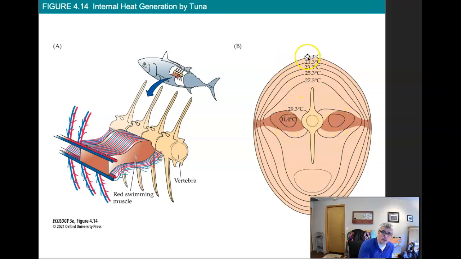On the outside of the tuna, it's 19 degrees Celsius, and on the inside, it can be up to 31 degrees C. So that's a big difference, and these are the super athletes of the ocean, right? Tunas swim really far, really fast, and by being able to maintain heat internally, the muscles are more efficient. So this has an advantage to them. Of course, it's also using more energy, and so they need to consume a lot of food.